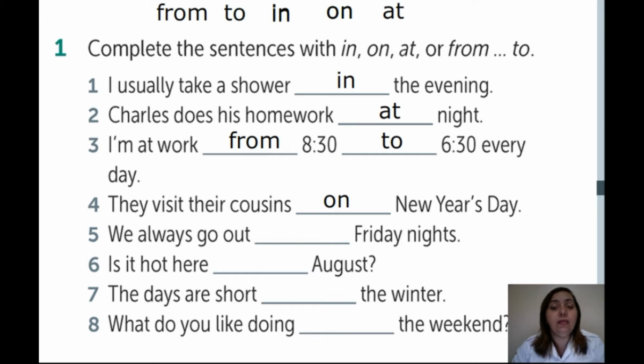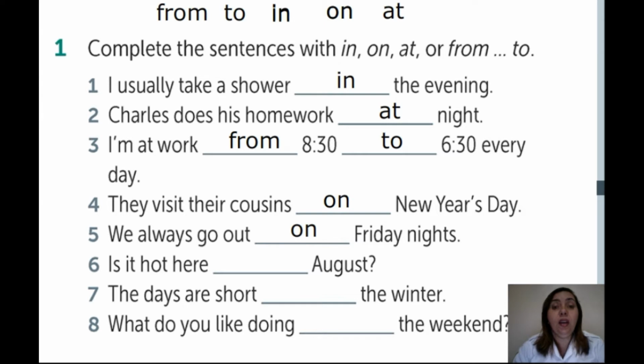Number 5, we always go out, which is the preposition to complete here about Friday nights. Remember, before the word night we use at, but when we have the day, Friday, Friday nights, what is the preposition that we use? The answer for number 5 is on Friday nights, right?